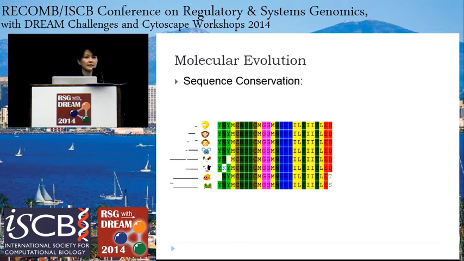If I'm interested in one gene, I would retrieve the sequence of that gene from all species that are available and align them. In this picture, each row represents a sequence from a species, and each column represents a residue at a position.